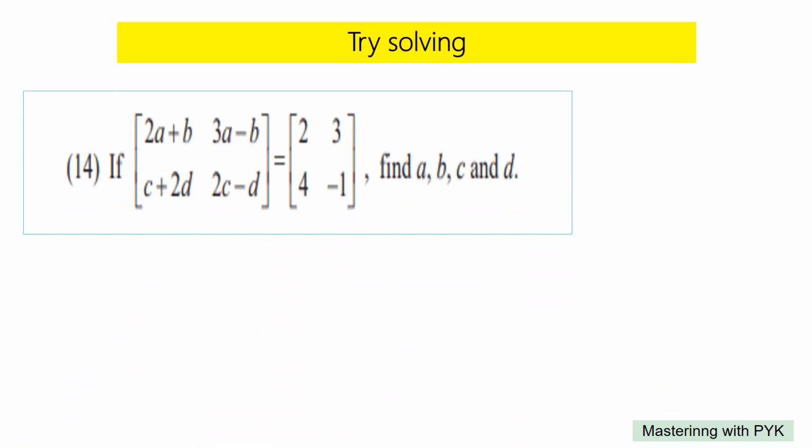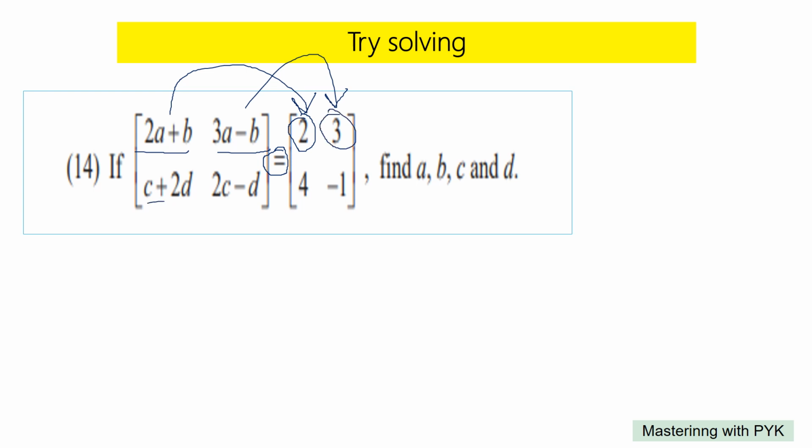Try solving the 14th question. It says that you have two matrices which are equal. When two matrices are equal, it means the respective elements are equal. This means 2a plus b will be the same as 2, and 3a minus b is equal to 3.